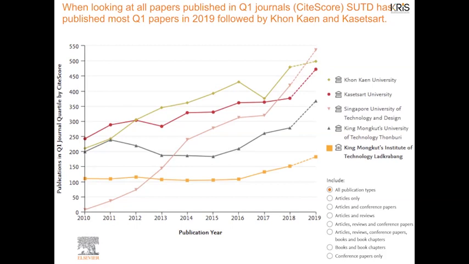After that, we see Khon Kaen, Kasetsart, KMUTT, and at the bottom is KMITL. So you're not managing to publish high numbers of papers in the top quality journals compared to some of these other universities.